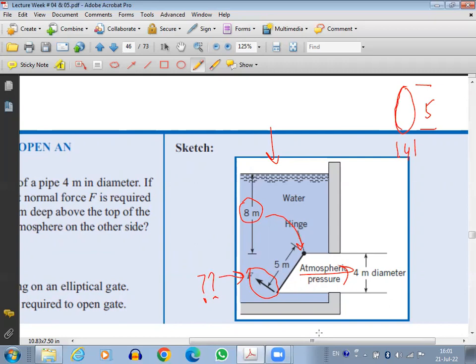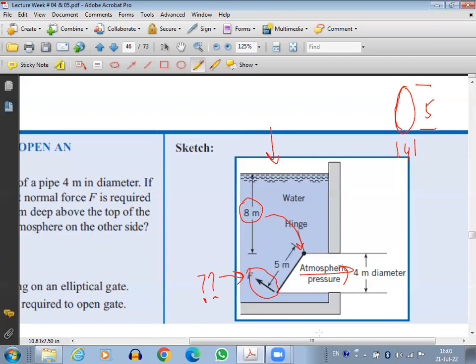So obviously we will apply the force at the bottom of the gate. Is there anything in the problem statement and the figure that you do not understand? Please ask.